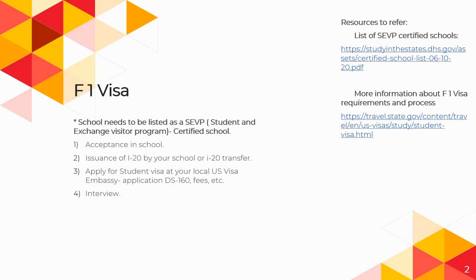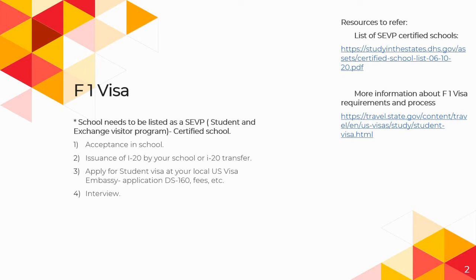Now on the corner I do have resources. Feel free to pause the video at any time and check out those sources. The list of SEVP certified schools has a very comprehensive list, starting from high schools that accept international students all the way to universities and even PhD programs.